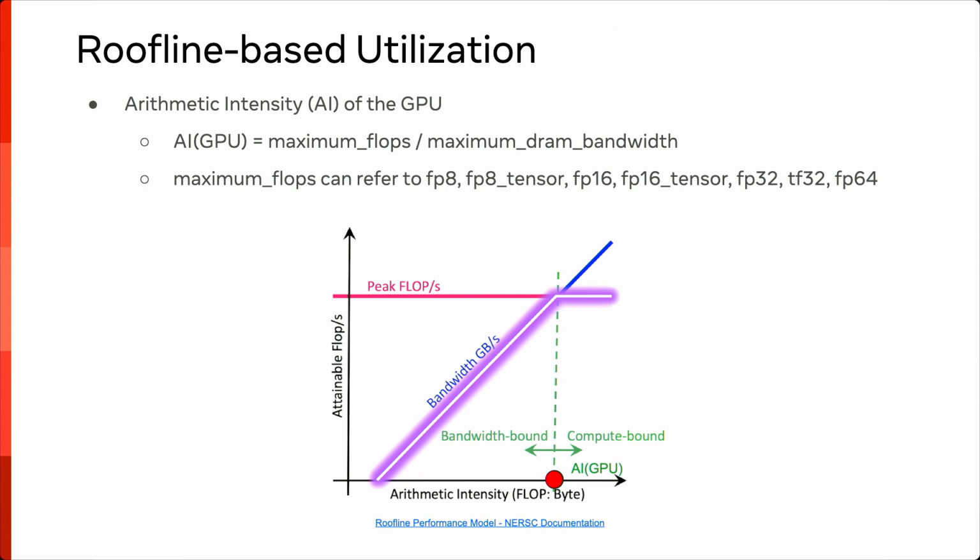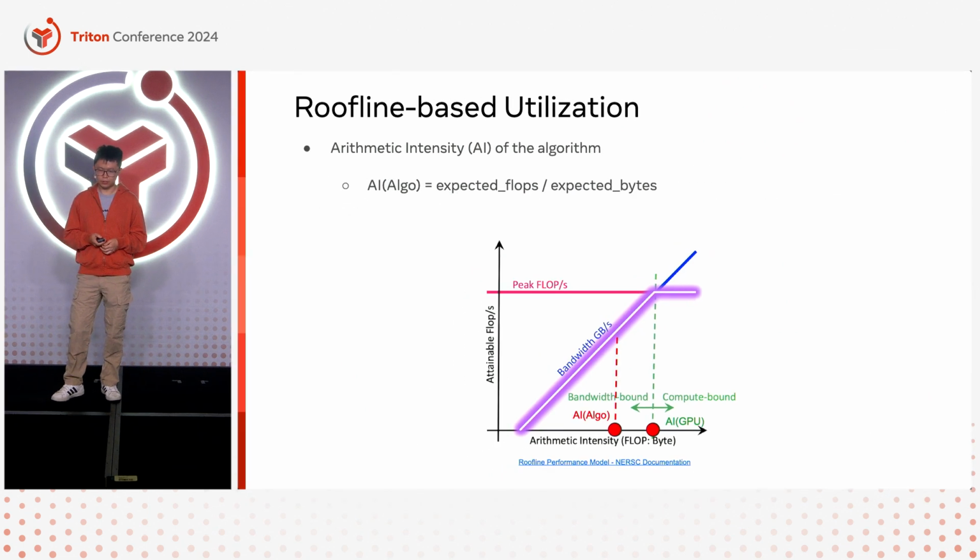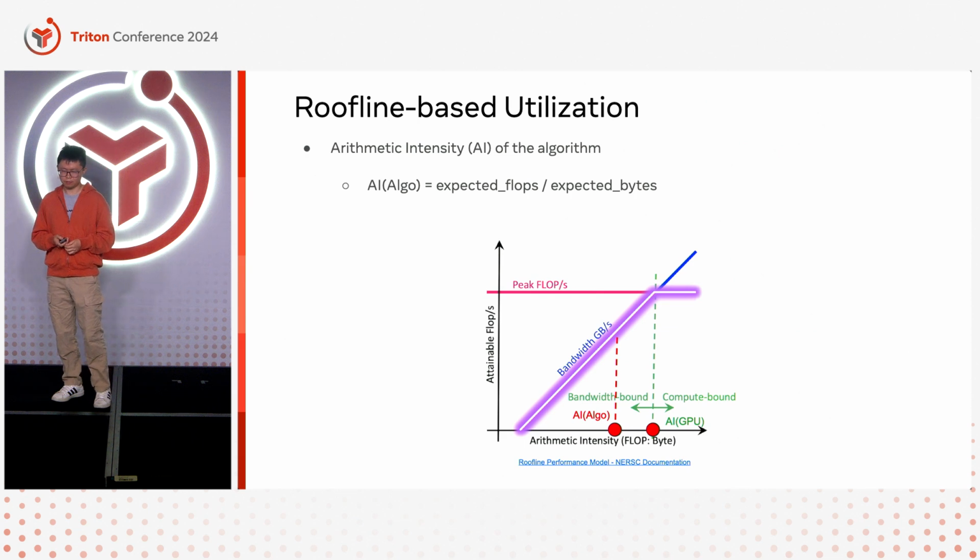We can compute arithmetic intensity for both the hardware and the algorithm. To compute the arithmetic intensity for the hardware, like the GPU, we're going to use the maximum number of flops the GPU can achieve divided by the maximum DRAM bandwidth. Then the next thing is to calculate the arithmetic intensity of the algorithm, which is the expected flops versus the expected number of bytes.